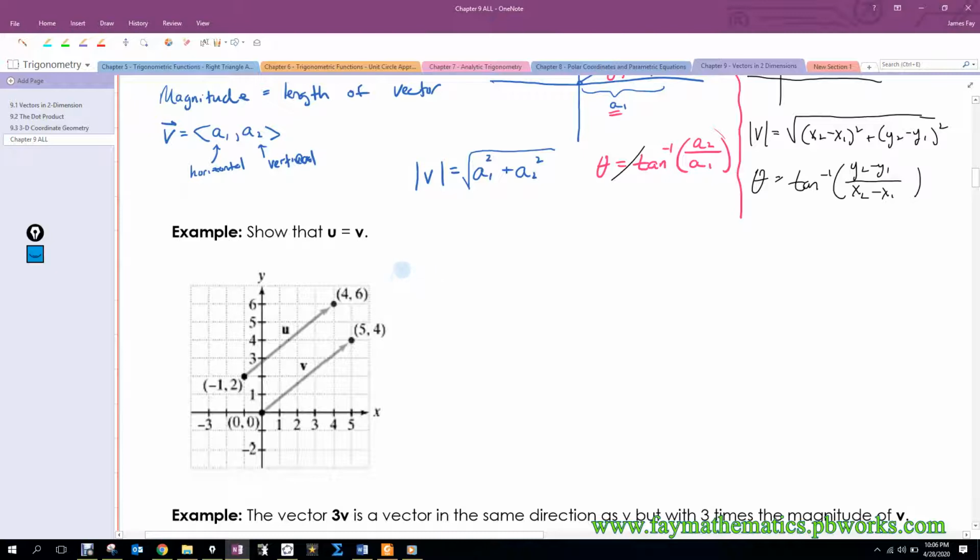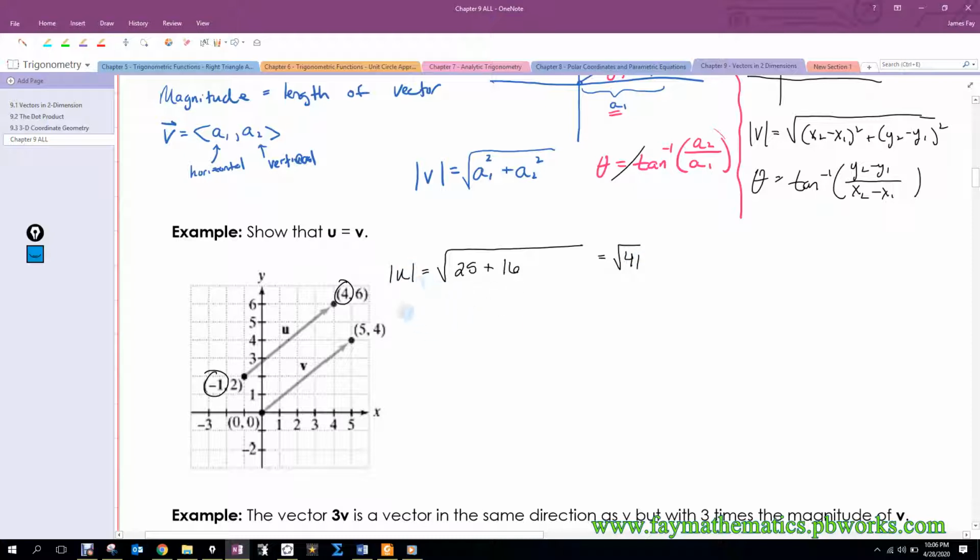So first thing I'm going to do, let's just look at vector u here and let's find its magnitude. It's going to be 4 minus negative 1, so it'd be 5, and we'll square that, so we get 25. And then we add to it 6 minus 2, which is 4, square that, I get 16. So that's going to give me root 41 as the magnitude of u.